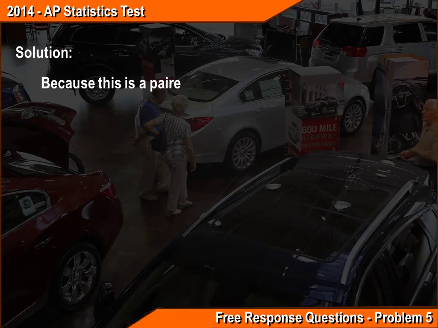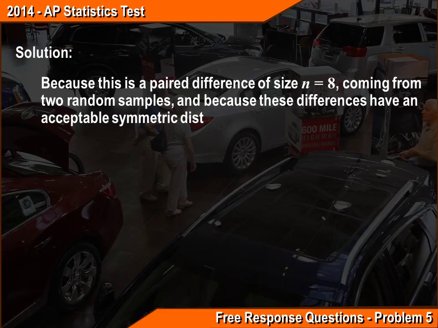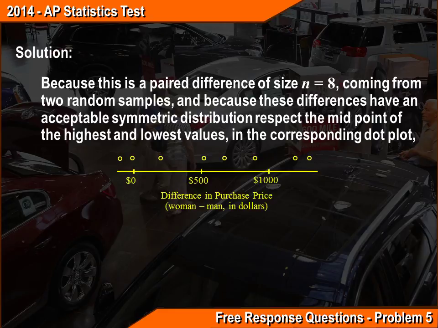Because this is a paired difference of size n equals 8 coming from 2 random samples, and because these differences have an acceptable symmetric distribution with respect to the midpoint of the highest and lowest values in the corresponding dot plot, a t-test seems appropriate.